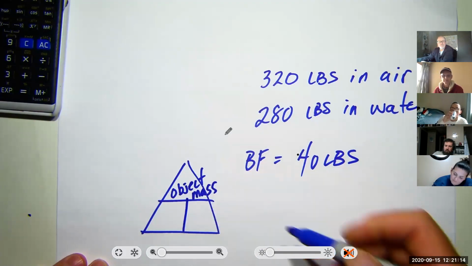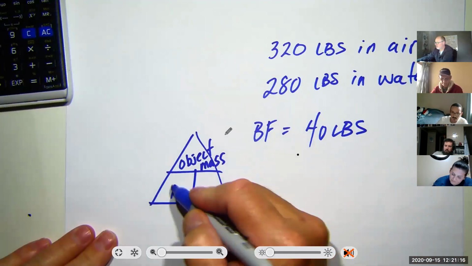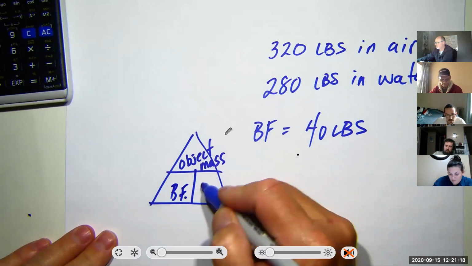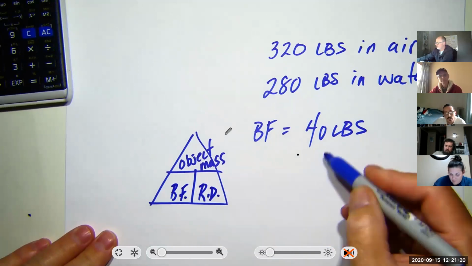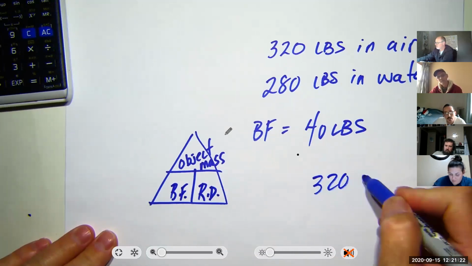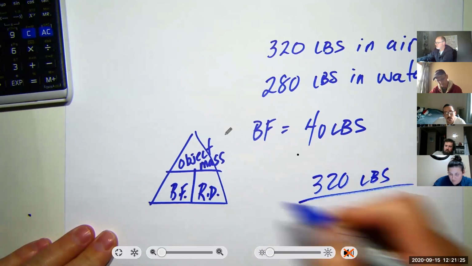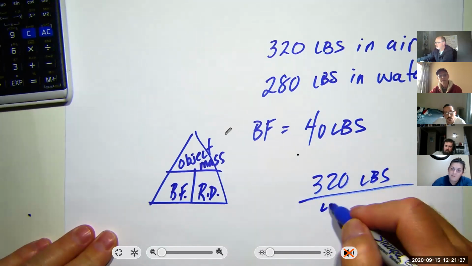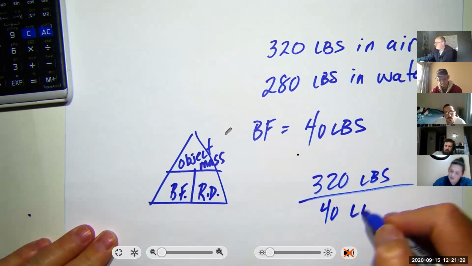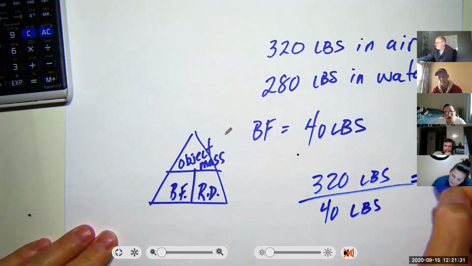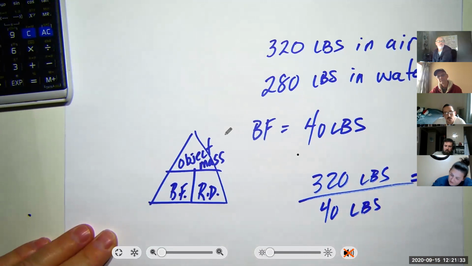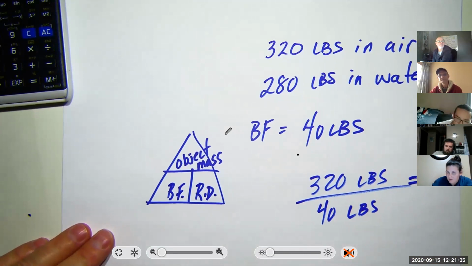Okay, so if I take the object's weight and divide it by the buoyant force, that would equal the relative density. So 320 pounds, that's the weight of the object, divided by the buoyant force. Yeah. Okay.